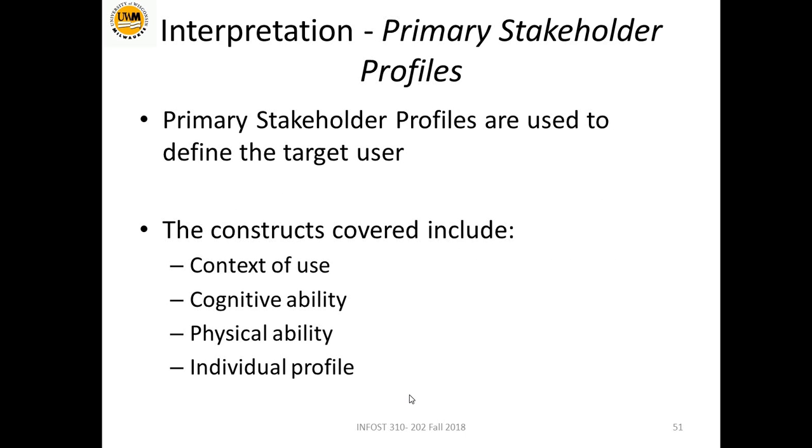Now in the interpretation, we also need to get primary stakeholder profiles. We need to define our target users. So we need to know what the context of use is, what cognitive abilities are needed, what physical abilities are needed, and what individual profile for the users is needed.